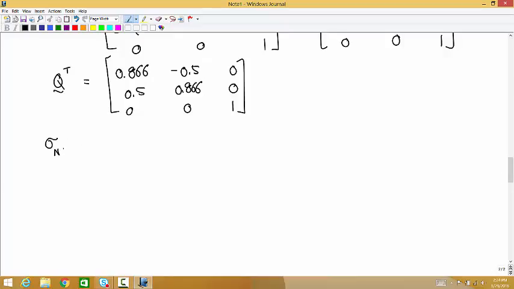And then the new stress tensor is equal to Q times the old stress tensor times Q transpose.